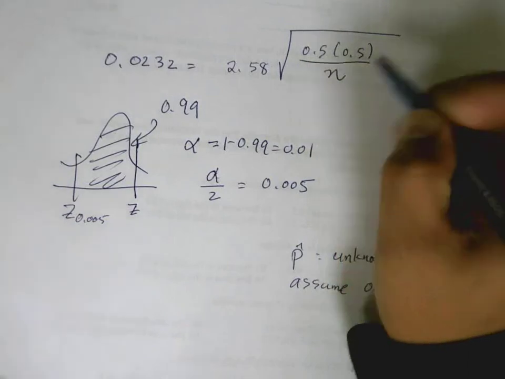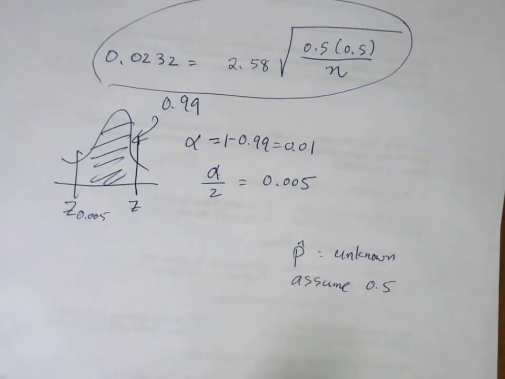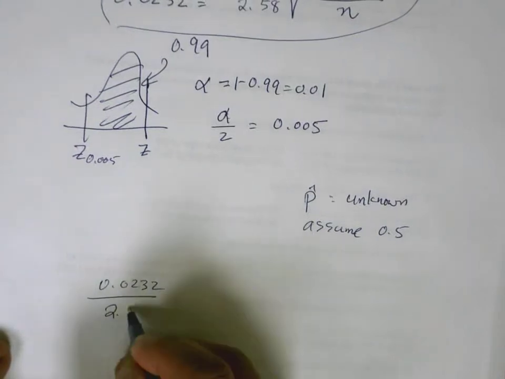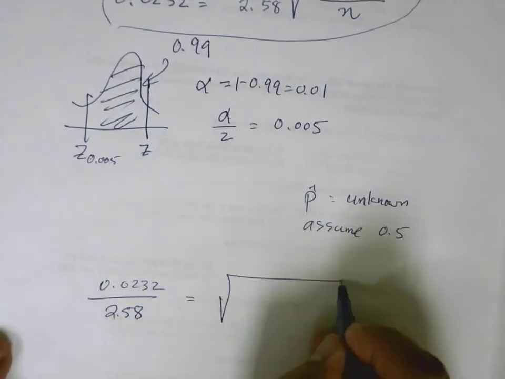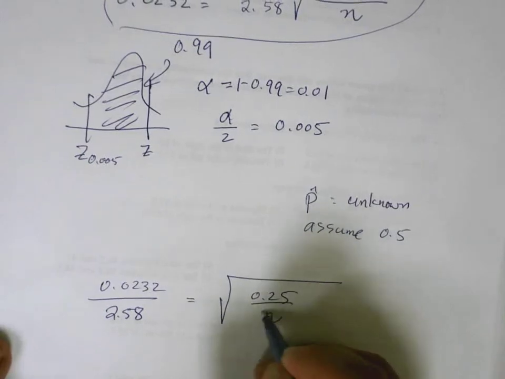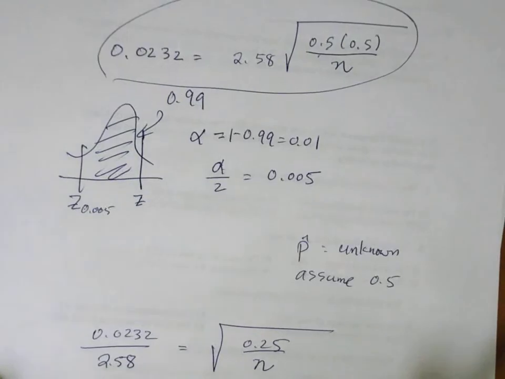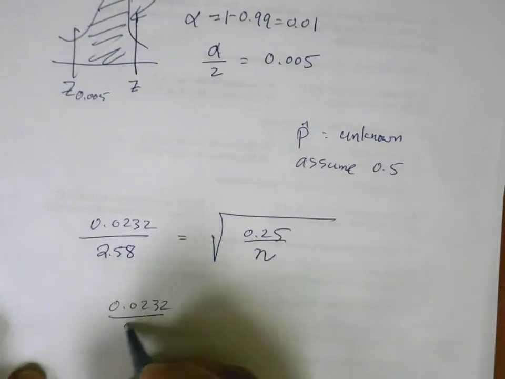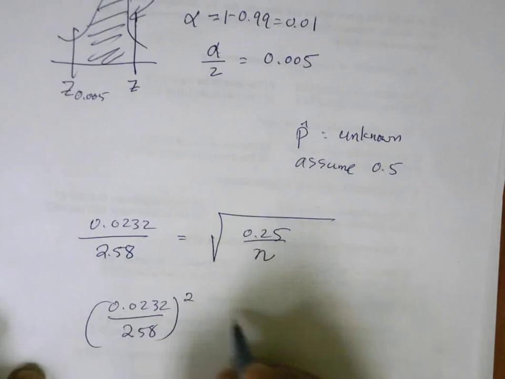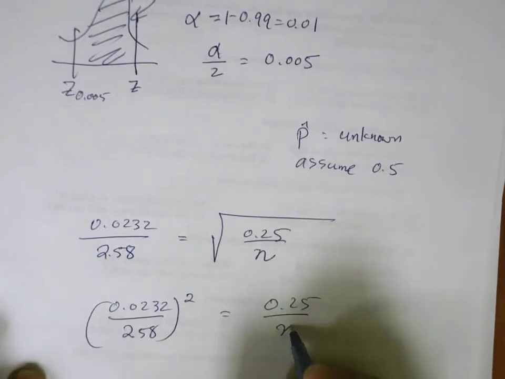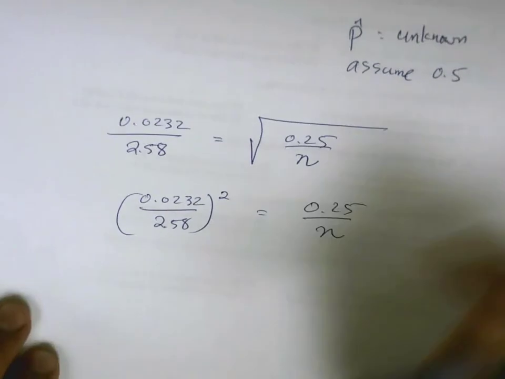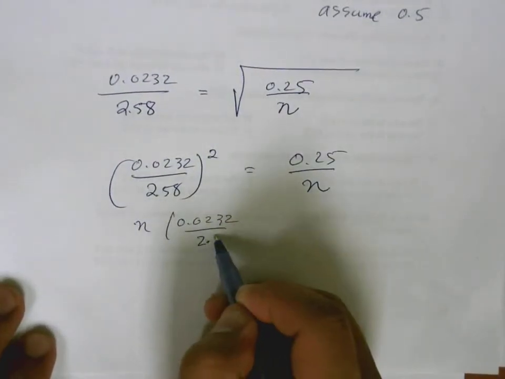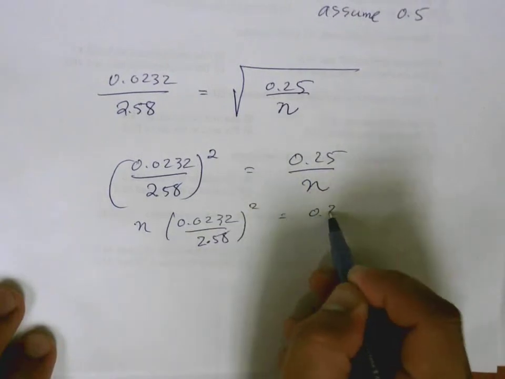And now we need to solve that equation. So we'll go through the same process again. 0.0232 over 2.58 equals the square root of 0.25 over n. So 0.5 times 0.5 is just 0.25. Square both sides. Multiply both sides by n. And then divide both sides by this number.